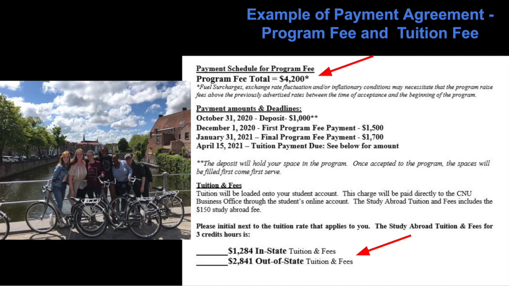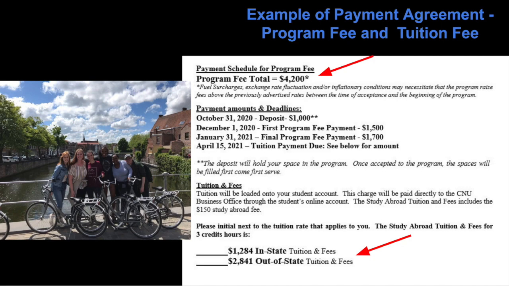The payment agreement is the document you must sign in order to acknowledge your understanding of the monies due to the university. Read this document carefully before signing it. It is also available in electronic format for the ease of signature and return to the Study Abroad office.